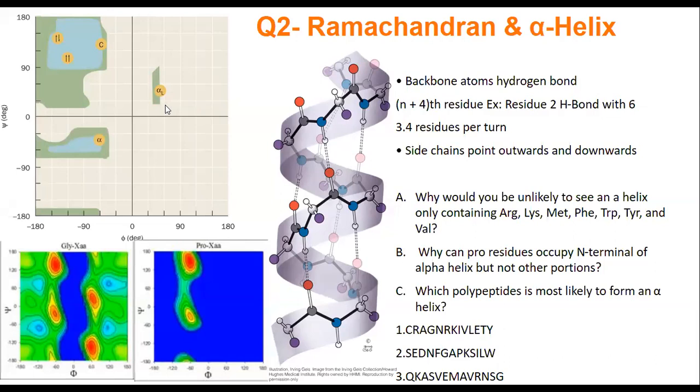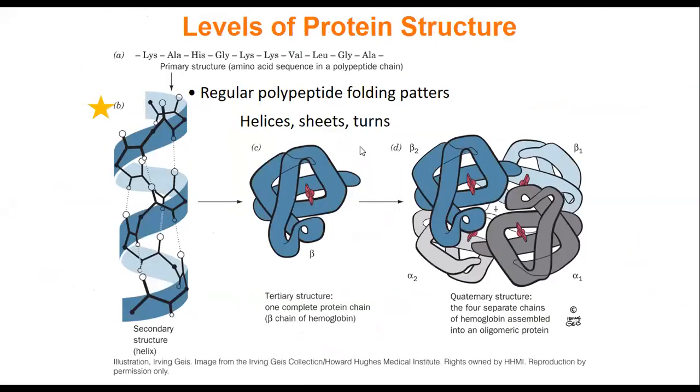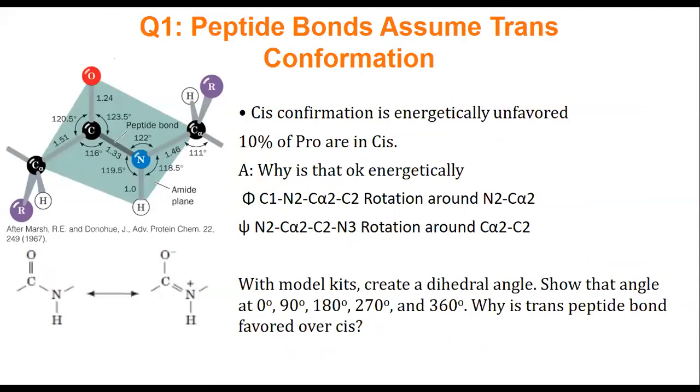So what we were talking about on Friday was secondary structure. Just as a reminder, secondary structure is the local conformation of our protein, and we're basically talking about alpha helixes and beta sheets. We talked about the backbone, phi and psi angles, and how we can calculate a dihedral angle.